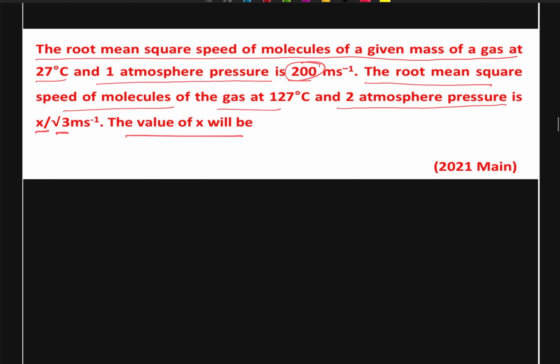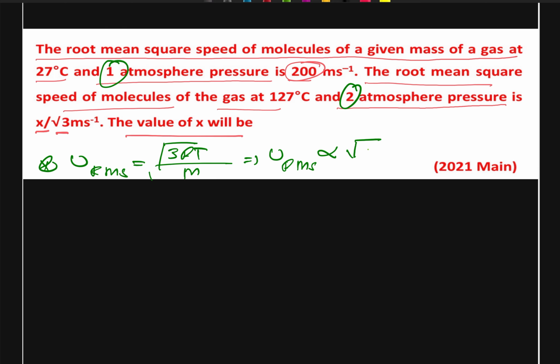So we start with our formula for the root mean square. We know that our VRMS is equal to the square root of 3RT upon M. In the question the pressure is initially given as 1 and the second time is given as 2, but from the equation of VRMS we can say that our VRMS is only dependent upon our temperature.